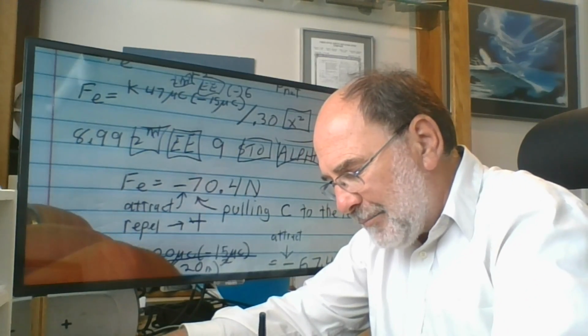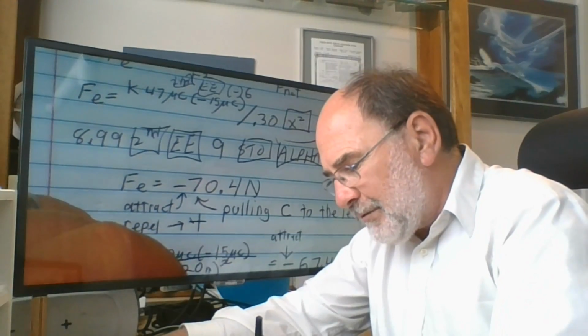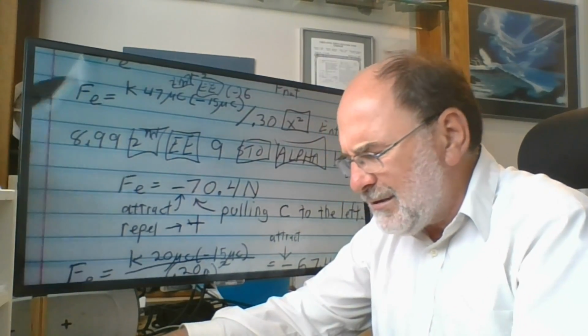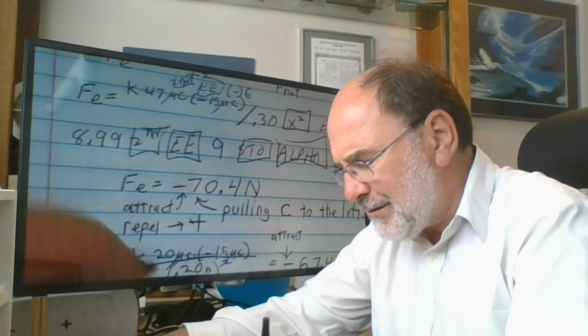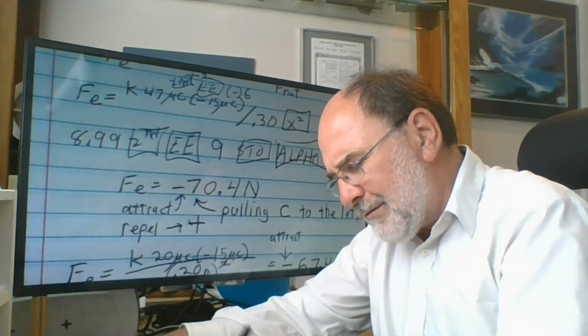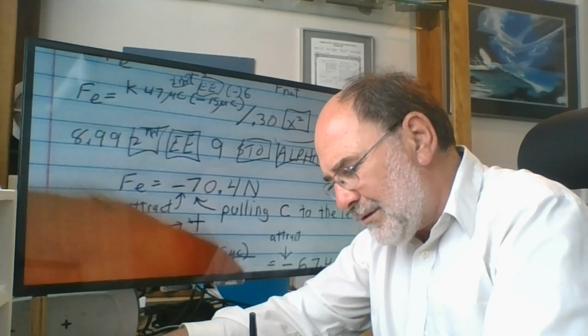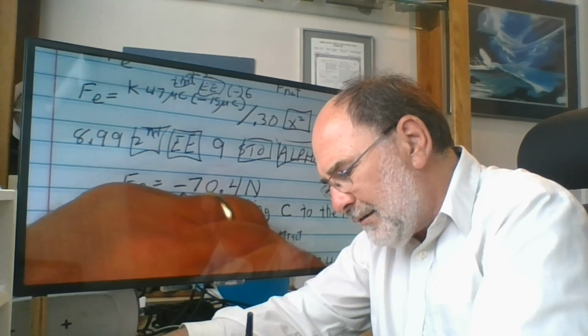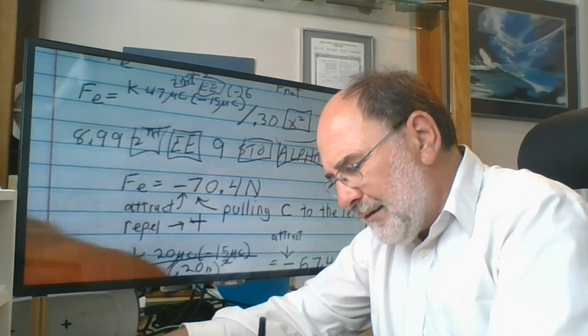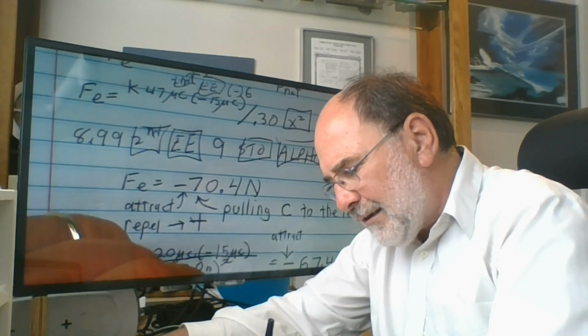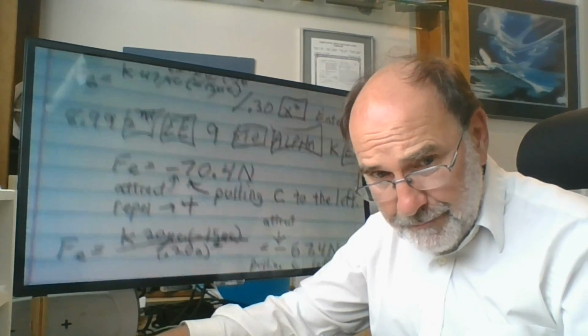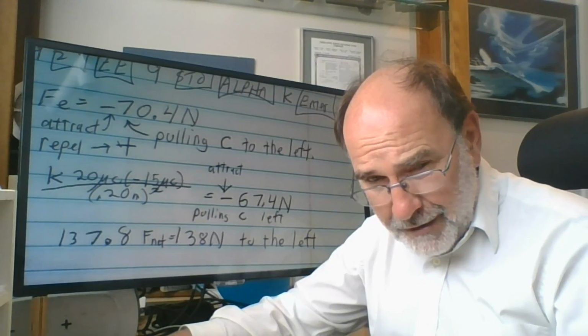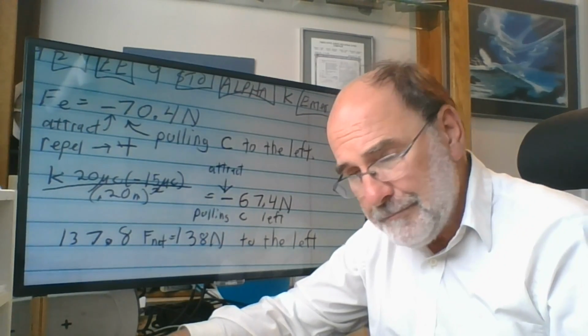And I suppose I could power up a calculator and add them, and round to 3 sig figs, and I get 138 newtons to the left. That is the net force acting on charge C in this problem. 138 newtons to the left to 3 sig figs.